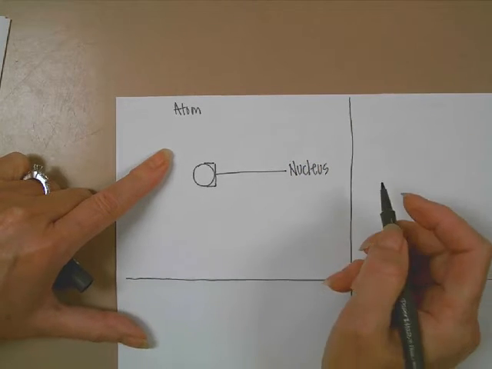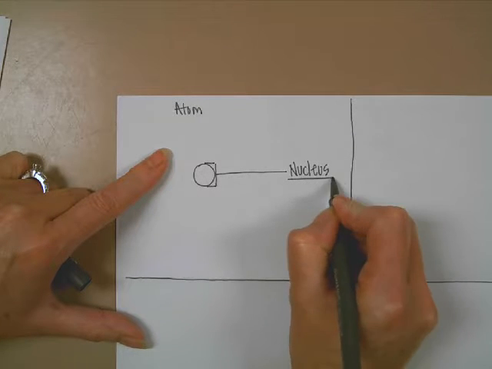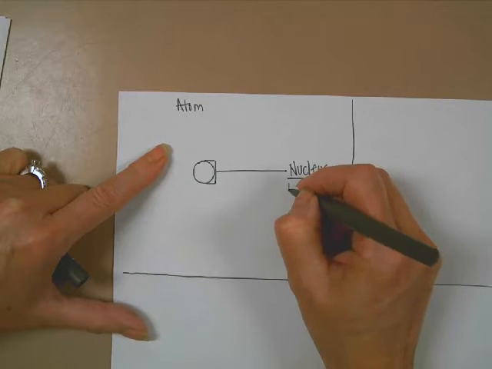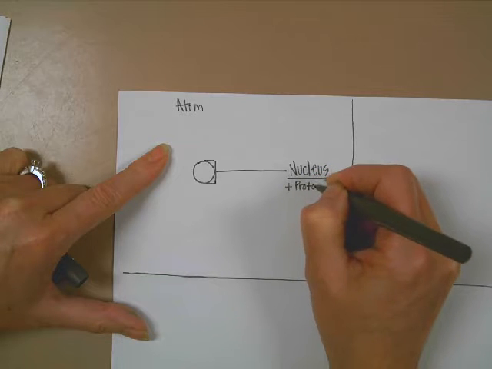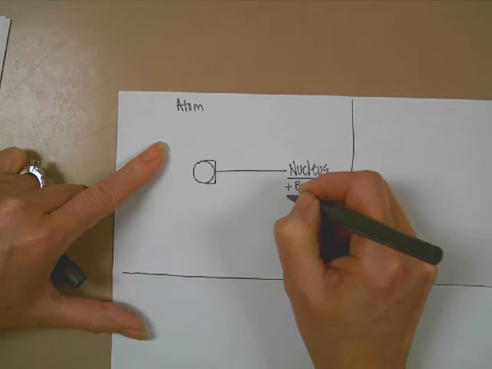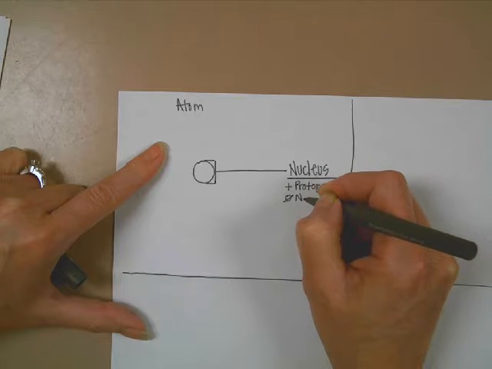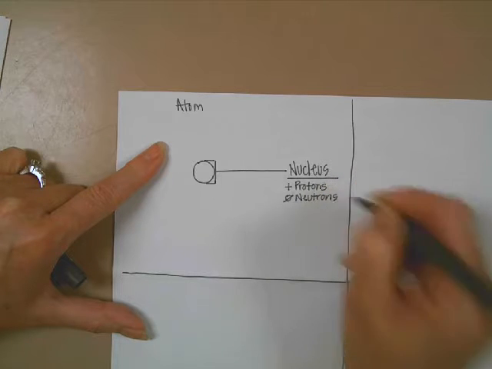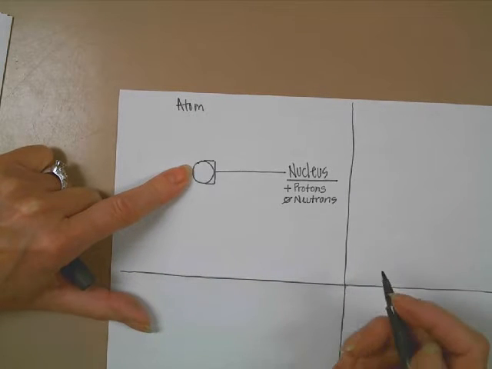And the nucleus contains two types of subatomic particles: the protons, which are positively charged, and neutrons, which have no charge, or are neutral. Those two particles are going to be inside my nucleus.